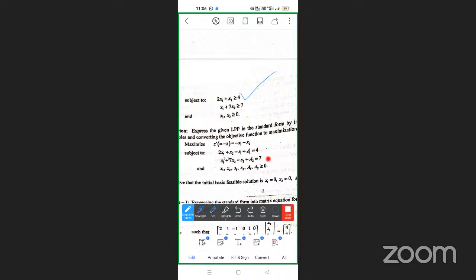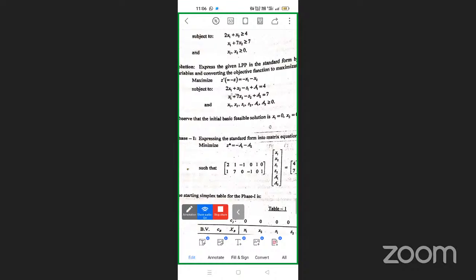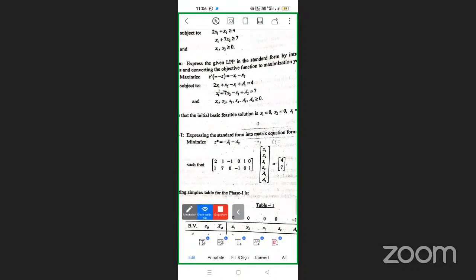Here x1, x2, s1, s2, a1, a2 are all greater than or equal to 0. Next, phase 1: we have to eliminate the artificial variables a1, a2. In the next phase, we get the optimal solution.